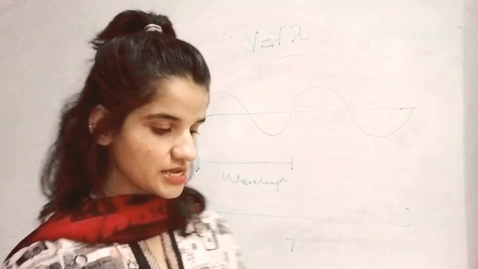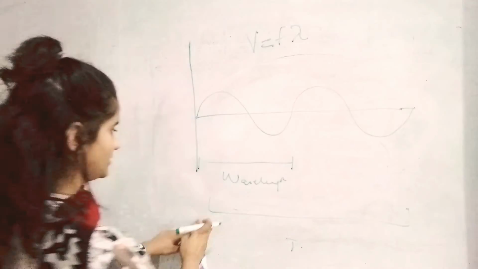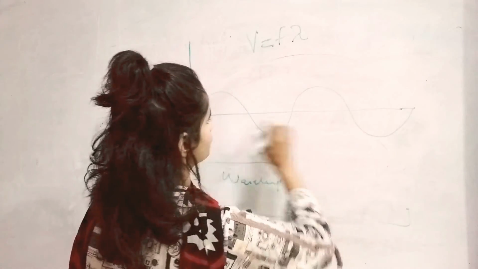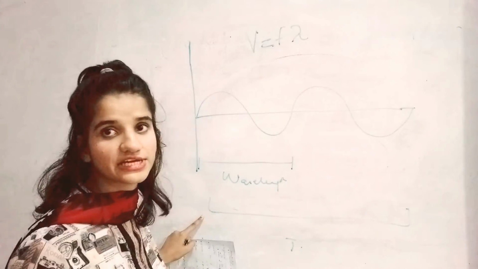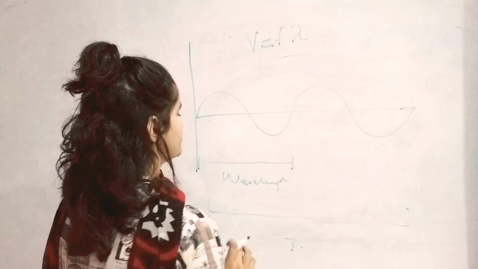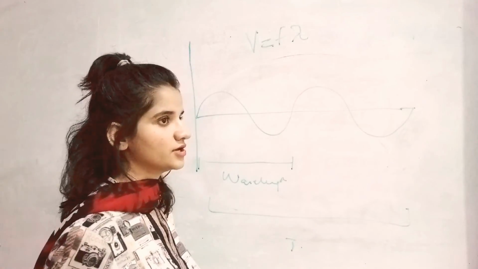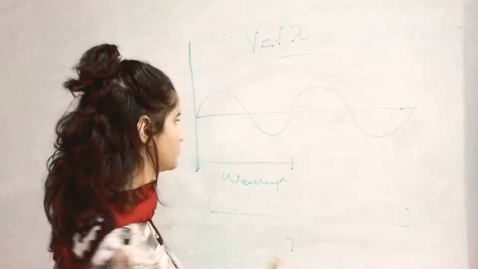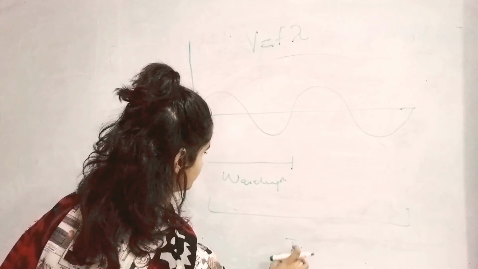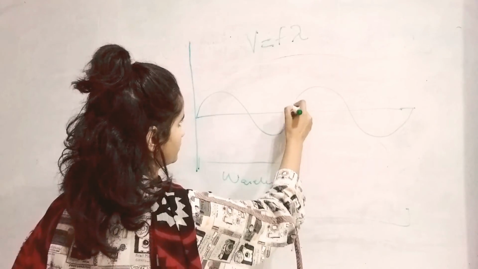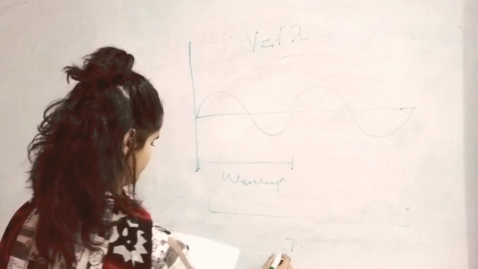Then time. Time taken to produce one wave. For example, this was the time t in which two waves were produced and that was related to 1 second. Now if we say that how much time it will take to produce one wave, the time it will take to produce one wave would be till this region.